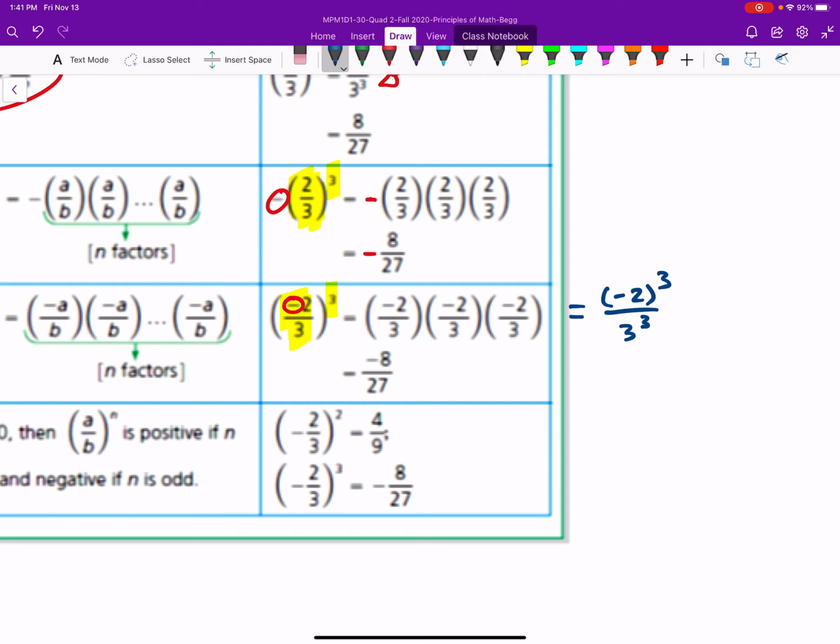And so it would all depend on whether the exponent is even or odd. If we have an odd exponent on a negative number, we've seen before, that comes out negative overall. If we have an even exponent on a negative number, we've seen it comes out positive overall because all the negative signs cancel out. This one's negative, that's why we end up with this negative answer here.